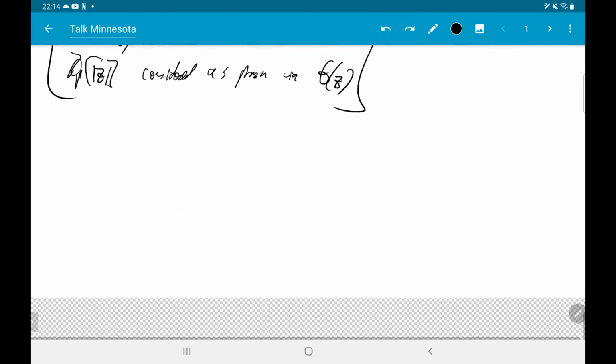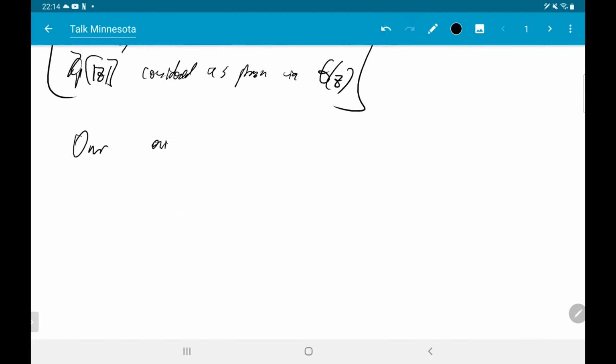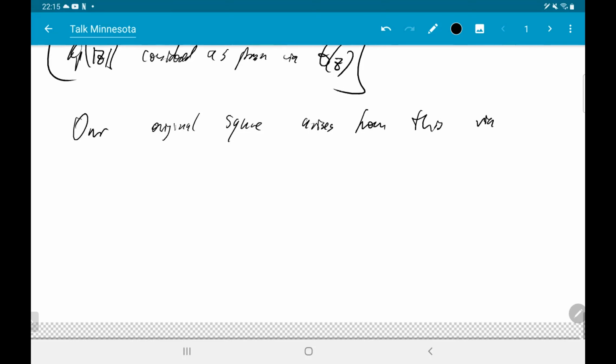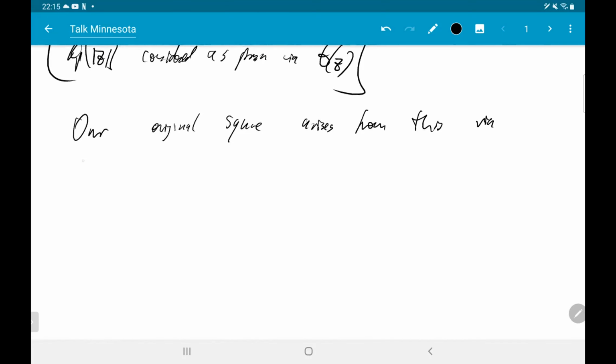Our original square arises from this via passing to TC, which is the fiber of a map from TC minus to TP.